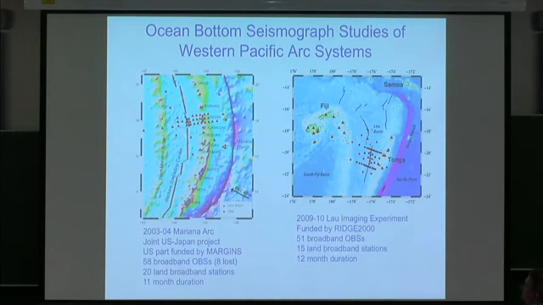I'll mostly be talking about a couple of large-scale ocean bottom seismograph experiments that we've carried out. The first one was in the Mariana Arc, which was a joint US-Japan program, and the second one was a study funded by the US Ridge 2000 program in Tonga.